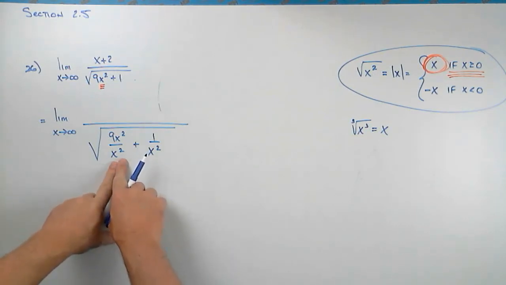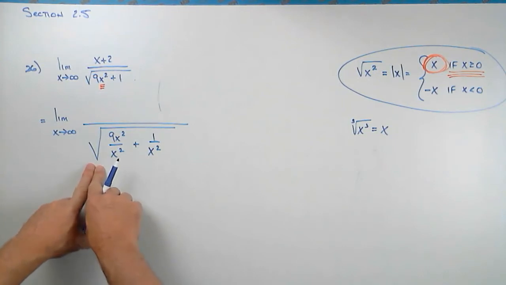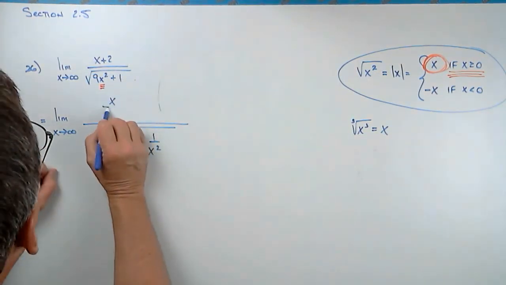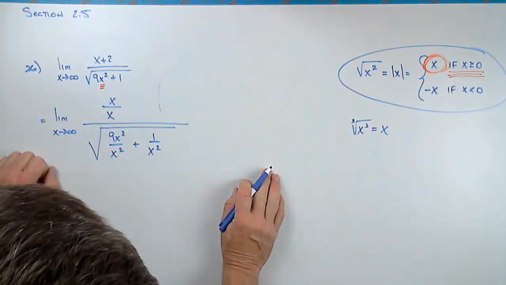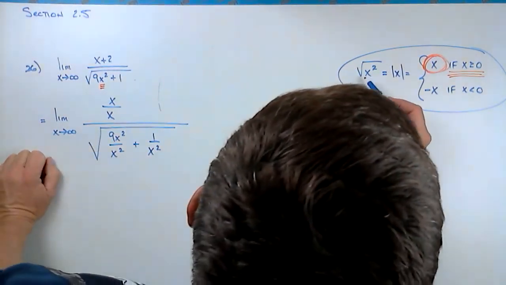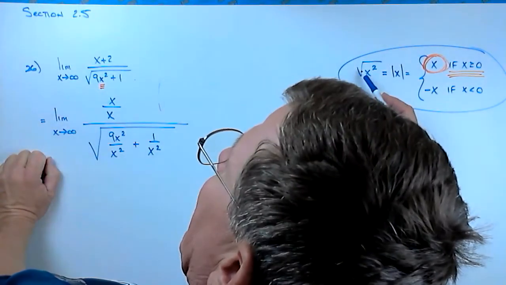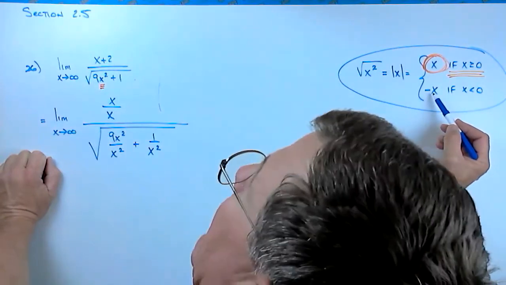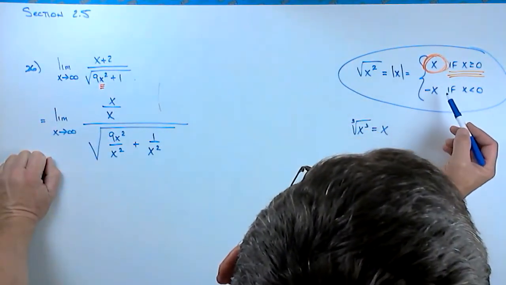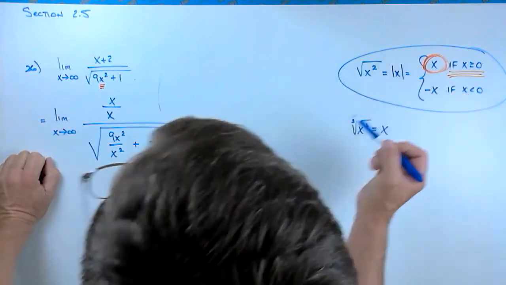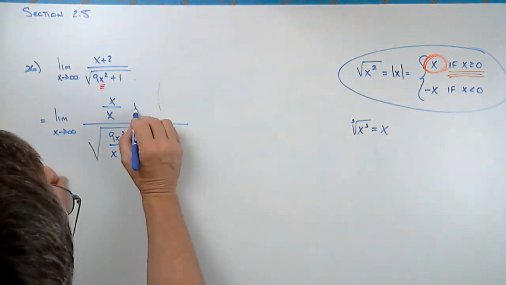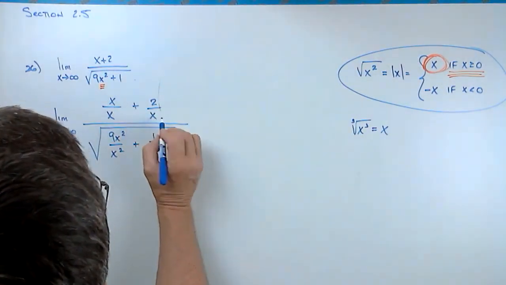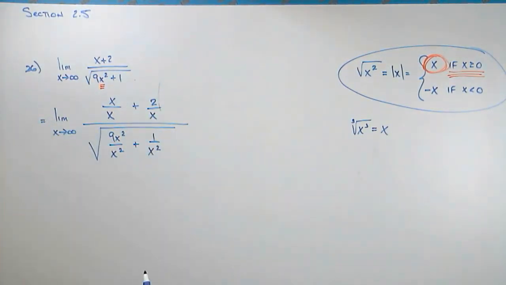Down here, you're dividing by x squared under a square root. So in the numerator, you're going to have to divide by the equivalent term. The equivalent term to x squared under a radical is either going to be x or the opposite of x. And we decided, because we're going to positive infinity, we're equivalent to positive x. So we have to remember up here to divide by x to the first power, because our squared is under a radical.